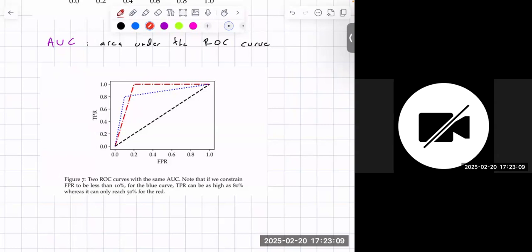Meanwhile, this one will probably cut off somewhere here, at 50%. But if you only look at the area under these two curves, they look exactly the same. So that is a common summary used. AUC, yes, correct.